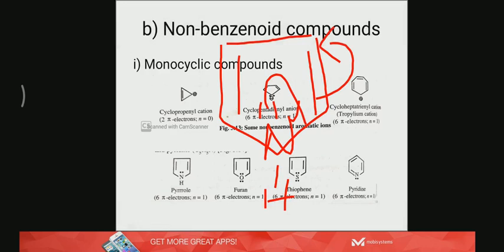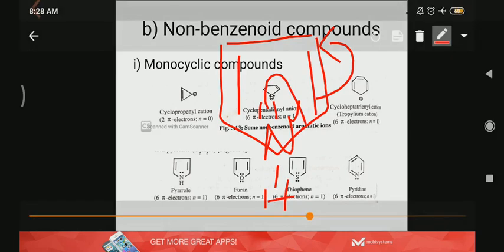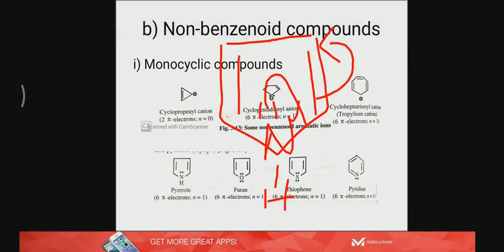So the lone pair is also counted as a pi electron here because it is taking part in resonance. Altogether there are 6 pi electrons, 2 pi bonds and 1 lone pair. So 6 pi electrons is a Hückel number. Due to resonance, there is complete cyclic delocalization possible here with charge separation, and it is aromatic.